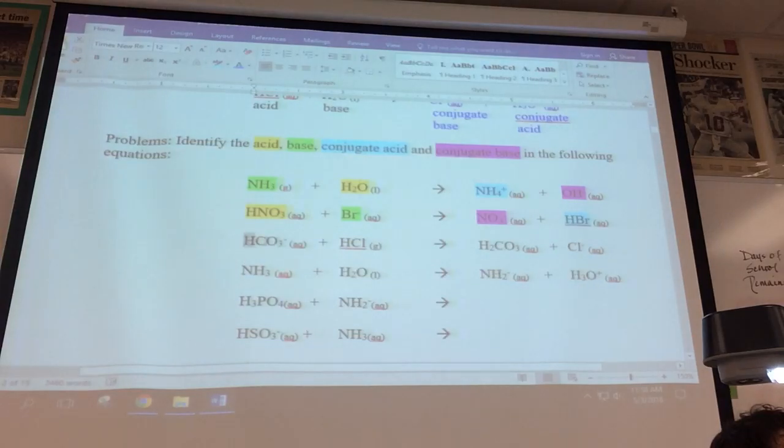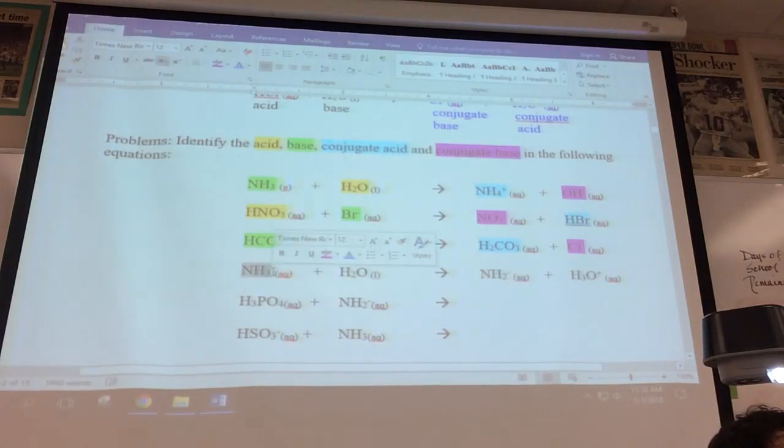All right. I look here and here. Did this accept or lose? Accepted. So that is a base, and a base forms a conjugate acid. Here's my acid, and an acid forms a conjugate base. Good.